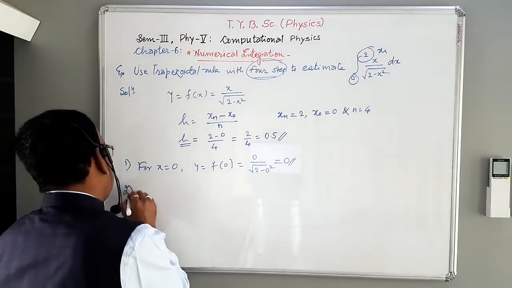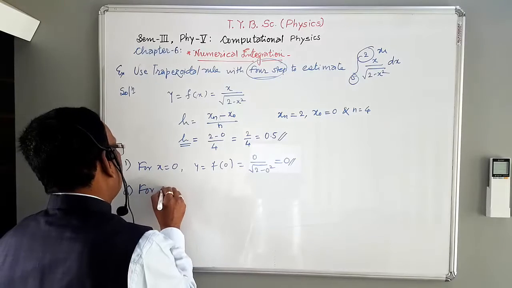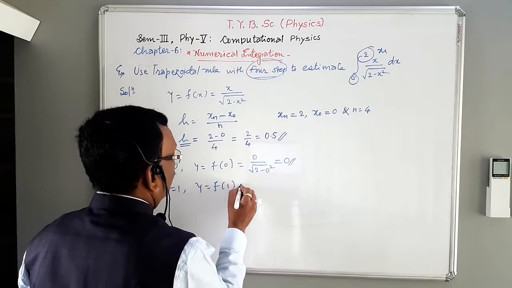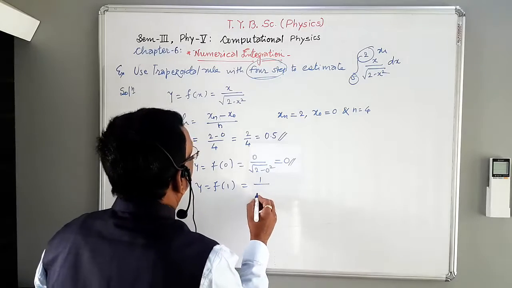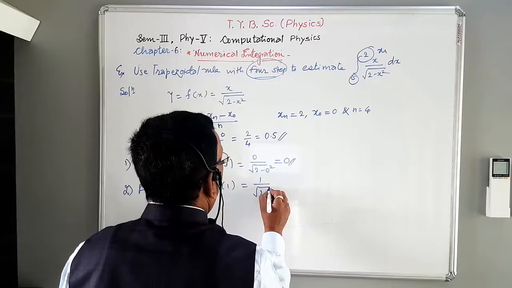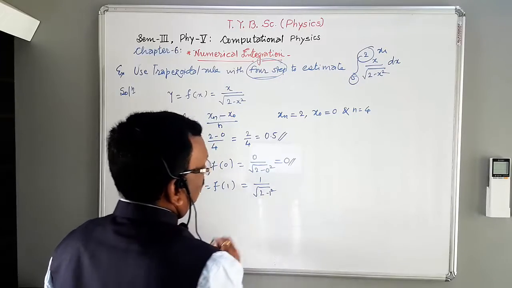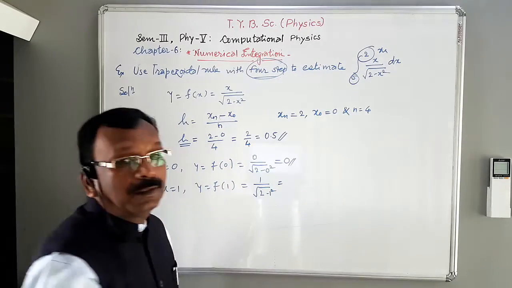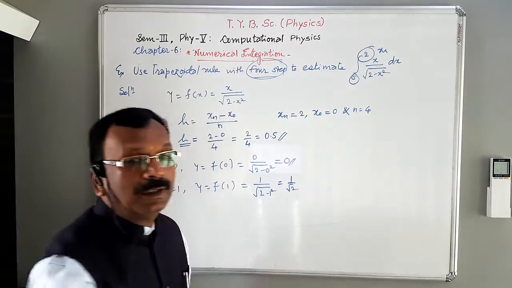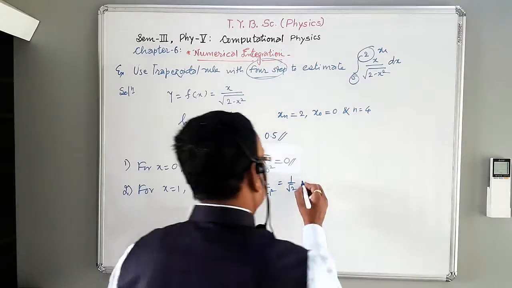Now, when we substitute the value of x as 1, then we have y is equal to f of 1 is equal to 1 upon under root 2 minus 1 square. So, this is nothing but simply 1 upon root 2.